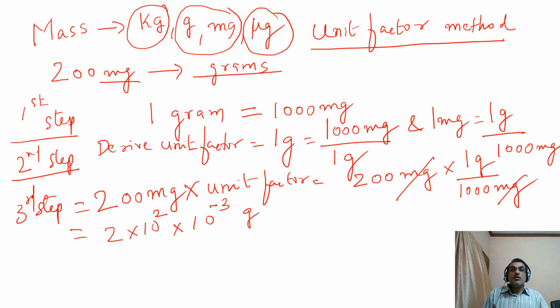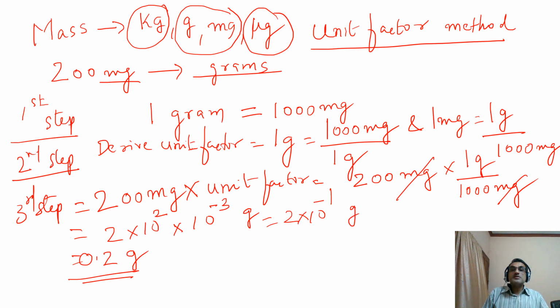If I simplify it, it becomes 0.2 grams, because 2 into 10 to the power of 2 into 10 to the power of minus 3 is minus 1 grams, or that is equal to 2 into 1 by 10. So that is equal to 0.2 grams. That is, my final answer will be 0.2 grams. So 200 milligrams will be equal to 0.2 grams.